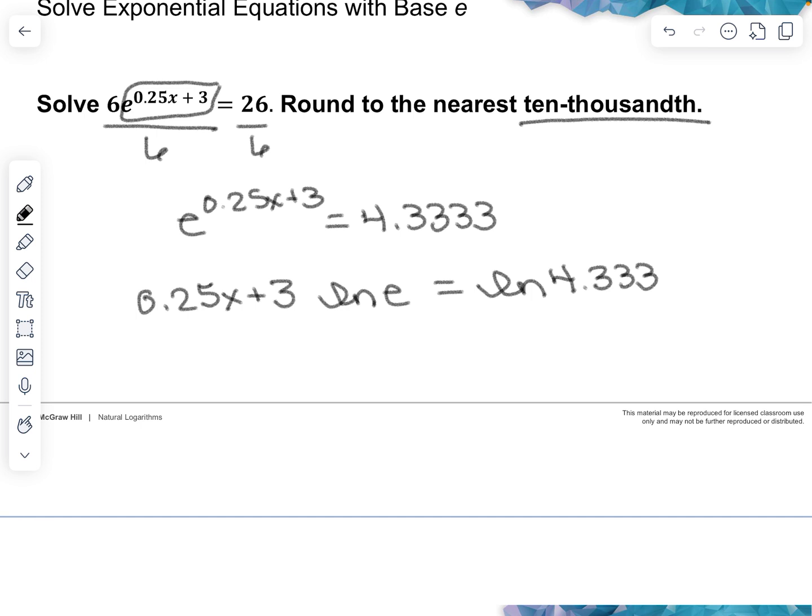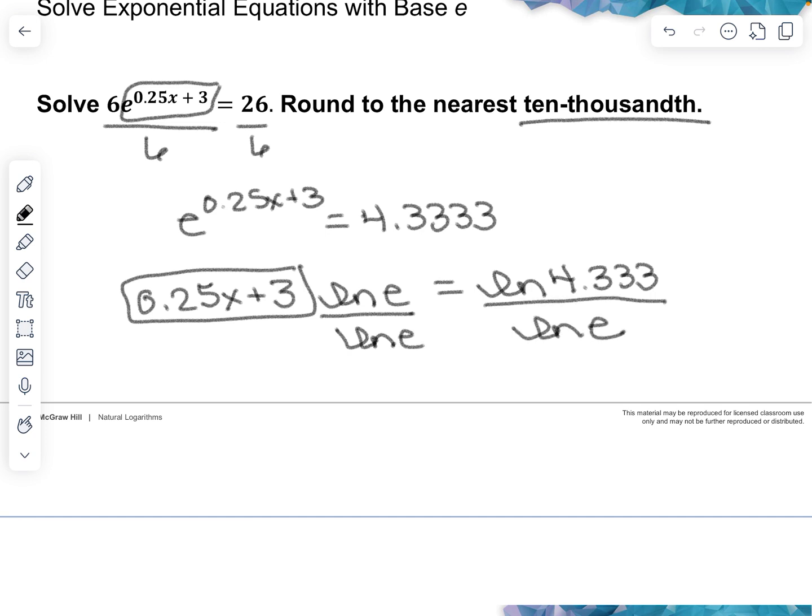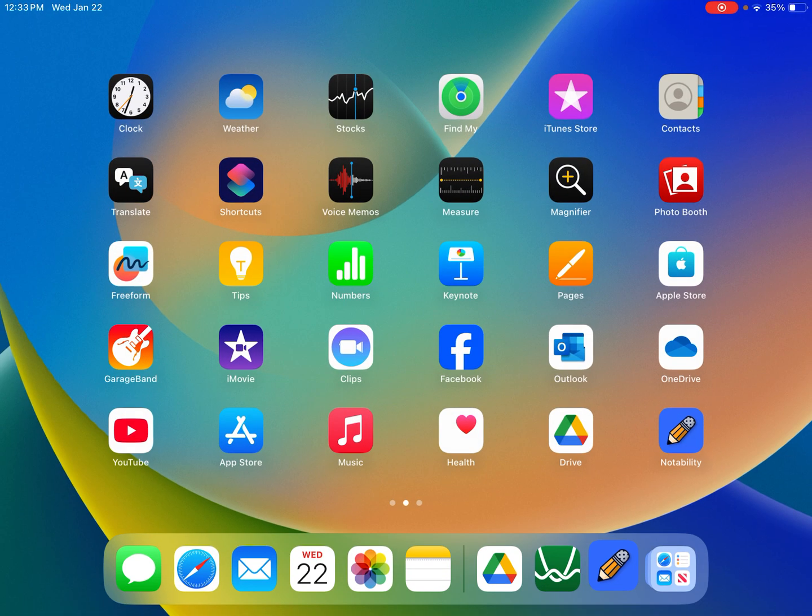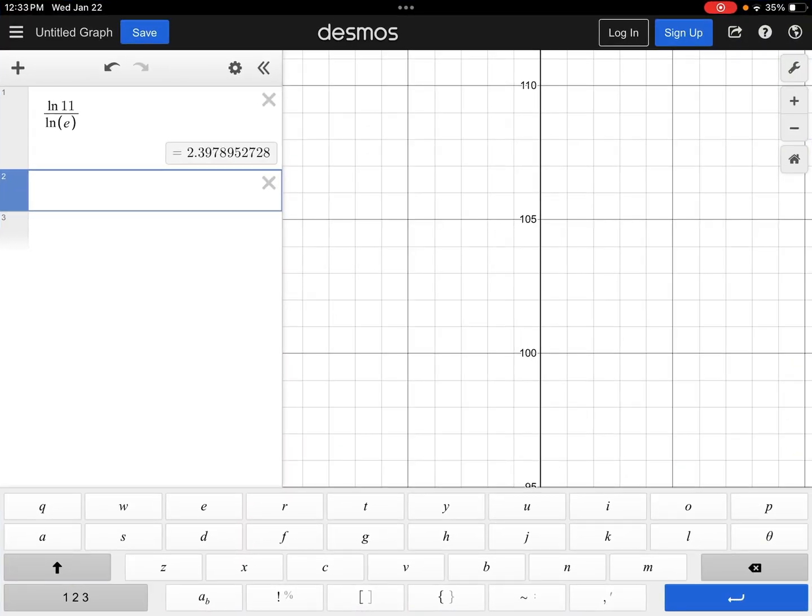We're going to divide both sides, so I'm trying to get this portion by itself still. Natural log of 4.3333, divided by the natural log of e. Now that I know how to do that, I can just adapt this one.